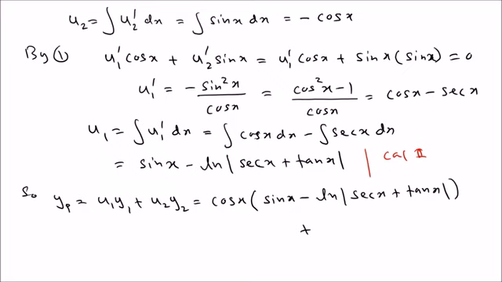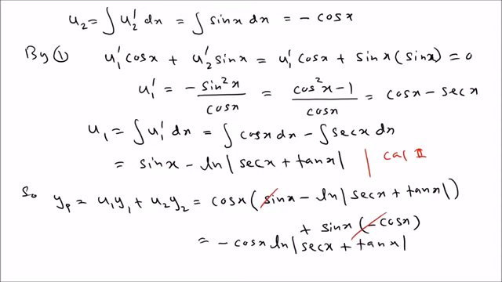U2 means negative cosine, so it is sine x times negative cosine. Now you can see that this and that get cancelled, so you only get the last term. So yp is negative cosine x ln secant x plus tan x.